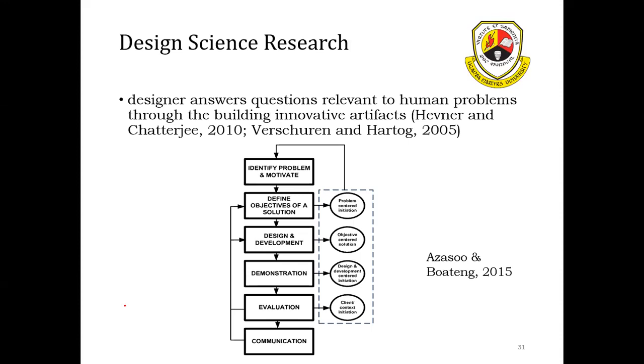As long as you're designing an artifact, look at this term, an innovative artifact. And this is where IS research and ICT really come in, whether it's a framework, a model, a system, or an application, you're designing an artifact. Then design science research is a method that you definitely are going to use.